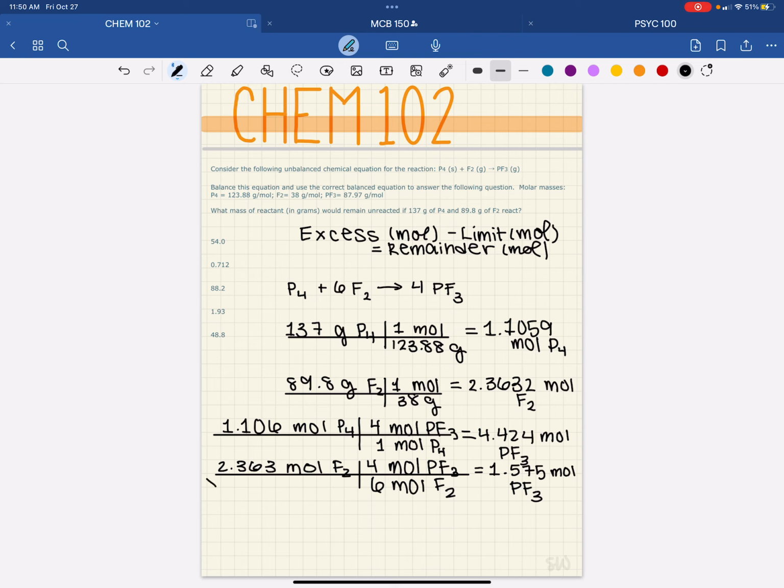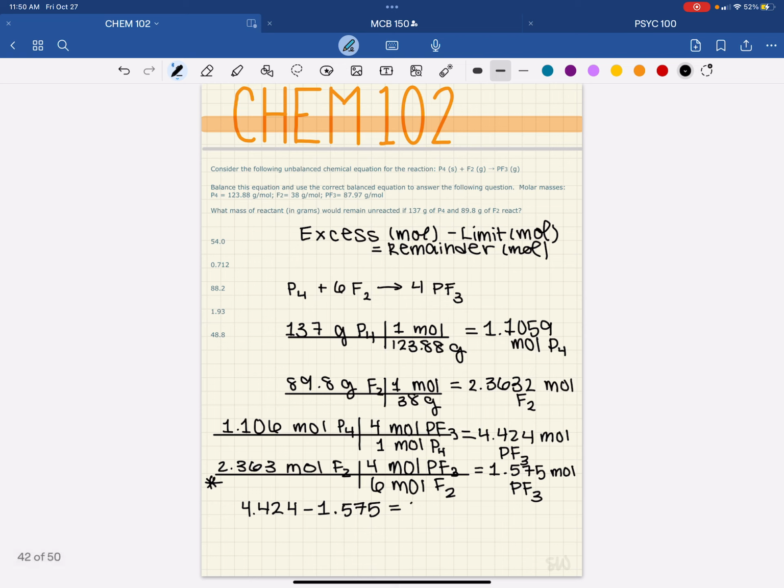So F2 is our limiting reactant, so I'm going to subtract the possible product producible by P4 minus the limiting reactant product possible to get the remaining amount that won't be used.